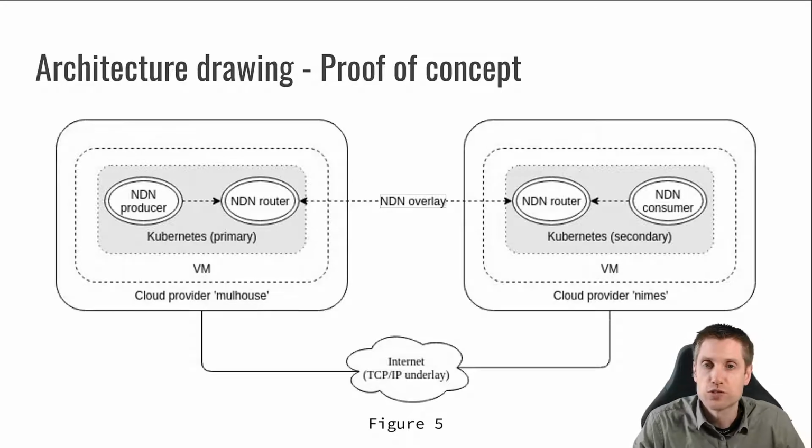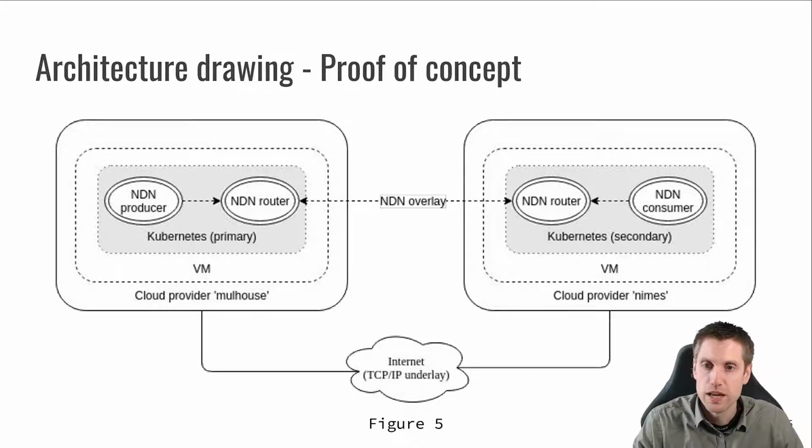So this is an architectural drawing of our proof of concept, and I will go through it in a live demo in the next few slides. So on the left side you have the cloud provider Meloose, and on the right you have the cloud provider Neems. And these two cloud providers can be distributed on a continent. They're interconnected through an NDN overlay, which sits on top of the Internet TCP/IP underlay.